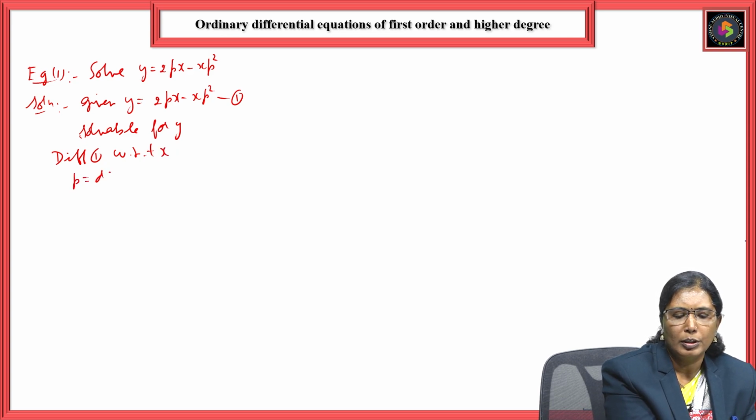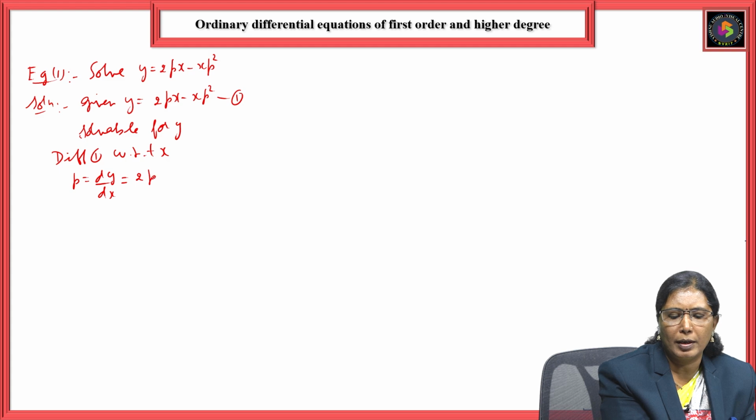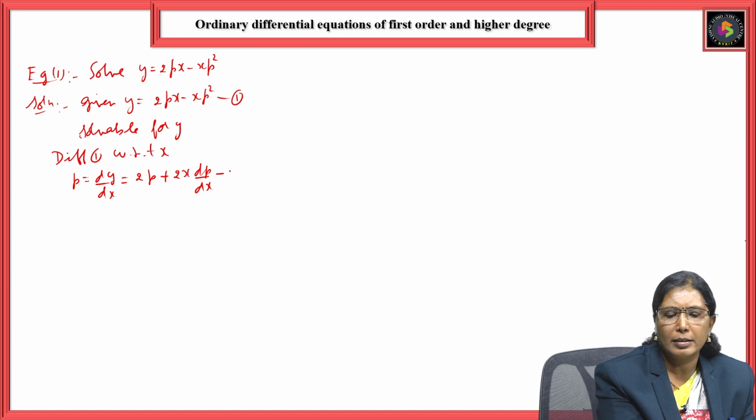p is equal to dy by dx is equal to, here you have to use the product rule, 2p plus 2x into dp by dx minus, here again you have to use the product rule, p square, derivative of x is 1, so p square minus x, keep it as it is, derivative of p square is 2p dp by dx.